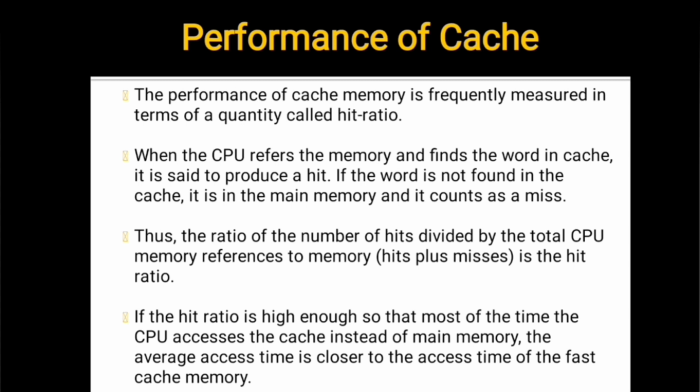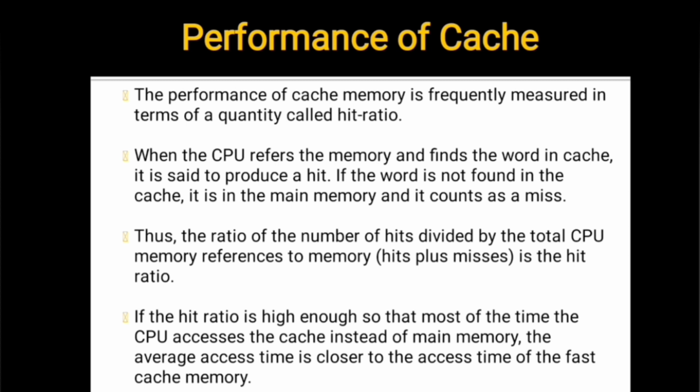Now if the data is not found in the cache, then obviously that data is in the main memory, and hence we call it a miss, a cache miss. Thus the number of hits divided by the total CPU memory references, that is hits as well as misses, will give you the hit ratio.